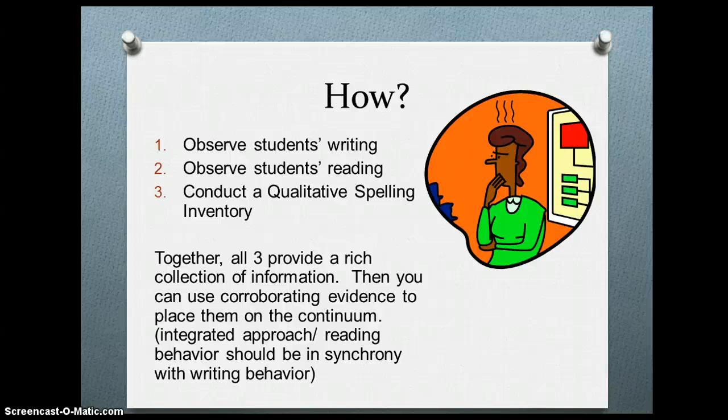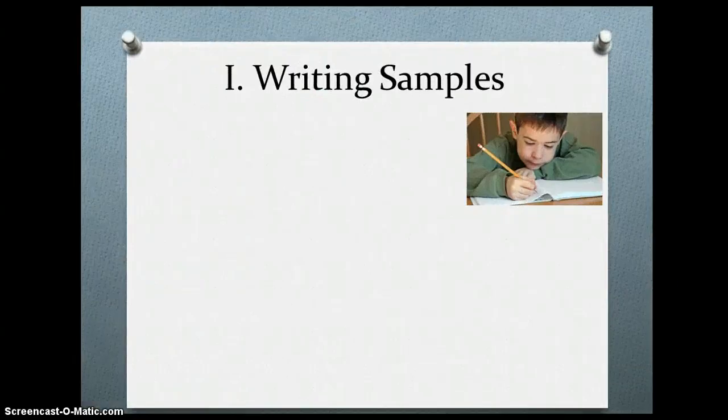Looking at students' reading and writing to take into account how they are developing in both of those areas would be very supportive of those standards. So basically, I am encouraging you to not only look at the students' writing and spelling, but also see how it relates to their reading as well.